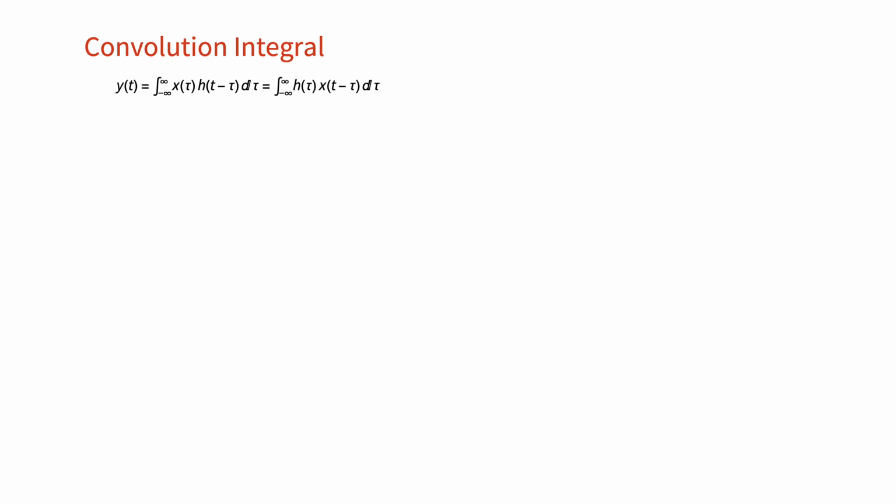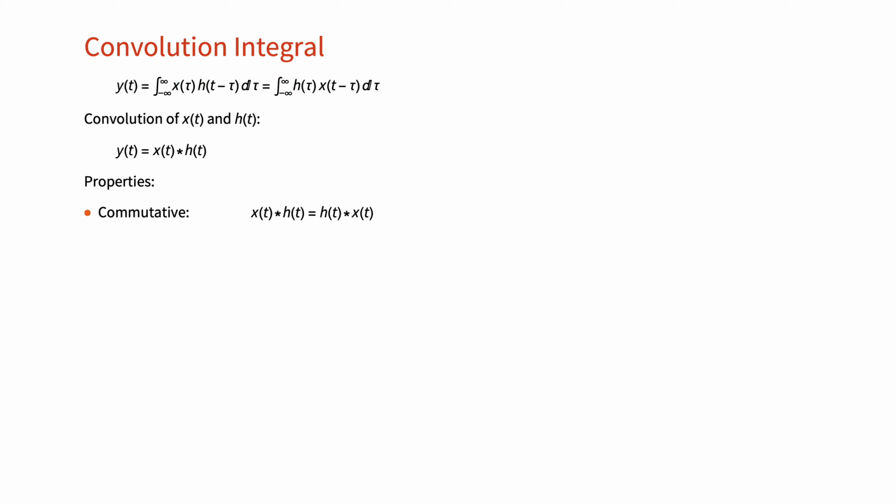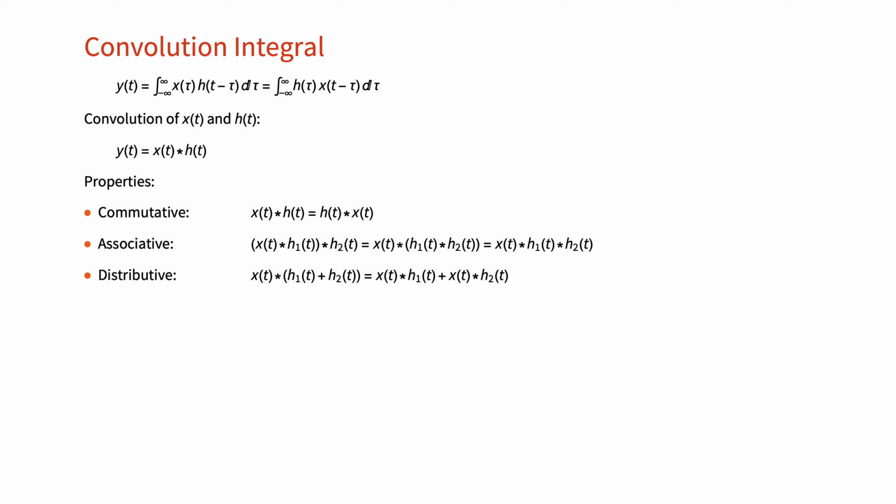It can be easily shown that the two integrals, as indicated here, are equivalent. In other words, convolution between two signals, in this case x of t and h of t, is commutative. Convolution also has the associative property, as shown here, and the distributive property: the convolution of a signal x of t with the sum of two signals h1 of t and h2 of t can be computed as the sum of the convolution of x of t with each of these signals.